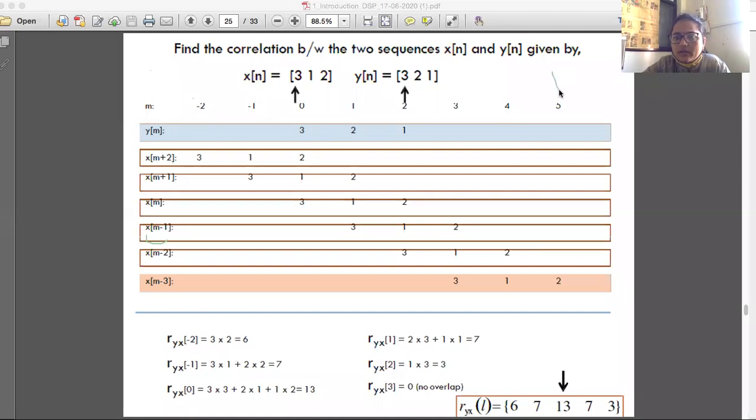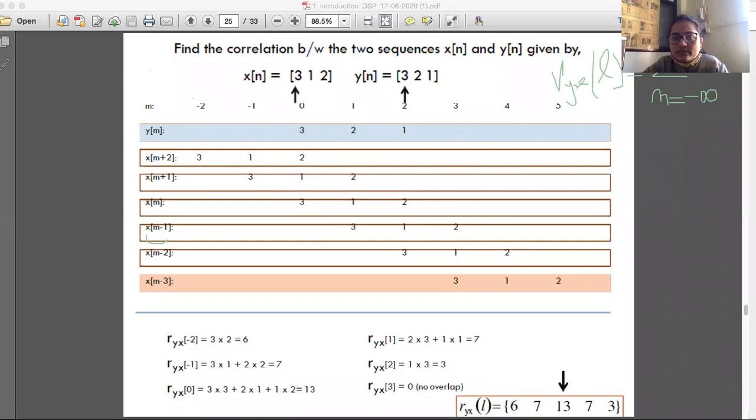So how I can get gamma y x of L, the shifting parameter or lag parameter we have considered as L. Summation m varies from minus infinity to plus infinity.